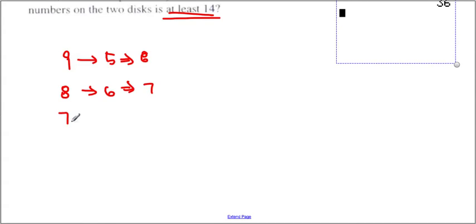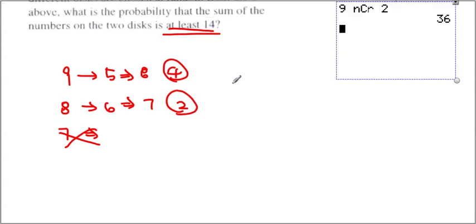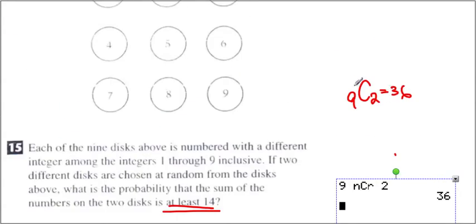And then if 7 is the highest number, then we don't have any other choice. That's it. So here 6 and 7, 2 choices. And 5 through 8, 5, 6, 7, 8, we have 4 choices here. So in total we have 6 choices out of 36. So 6 out of 36 becomes 1 out of 6. That's how we can have at least 14 as their sum.